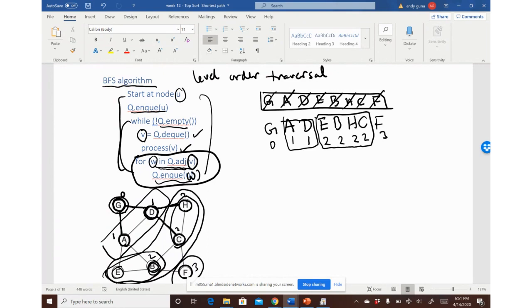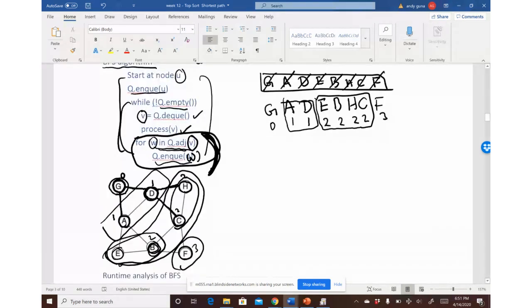That is used for topological sort, for example. The other question: does it determine what is in each level by the adjacency list? Yeah. The adjacency list is used here because you need it to get all the nodes that are adjacent to V, and then you process. So that's how you get it. Good questions, thank you for asking.